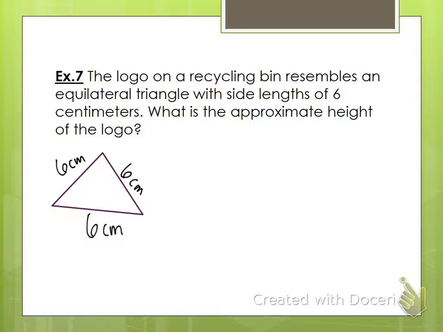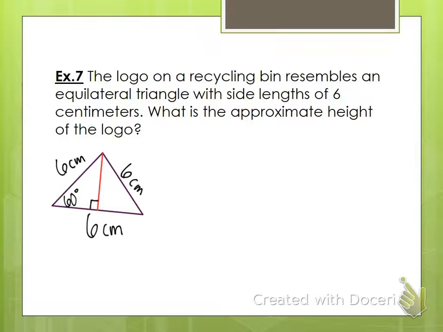An equilateral triangle will always be equiangular, which means each one of these angles measures what? The same, but what specifically, what number? 60. In an equiangular triangle, every angle is 60 degrees. If I'm trying to find the height of the logo or the height of the triangle, I have to drop in an altitude.